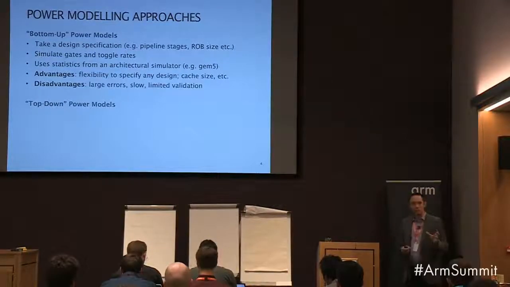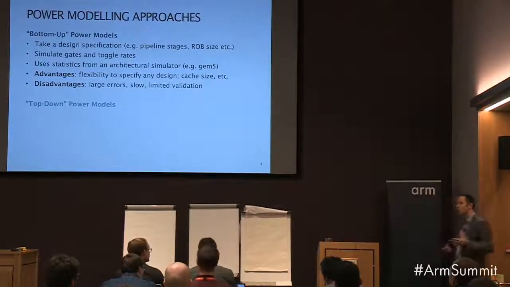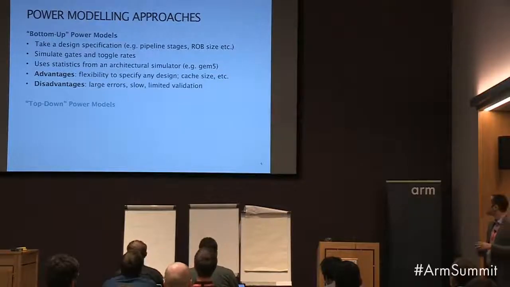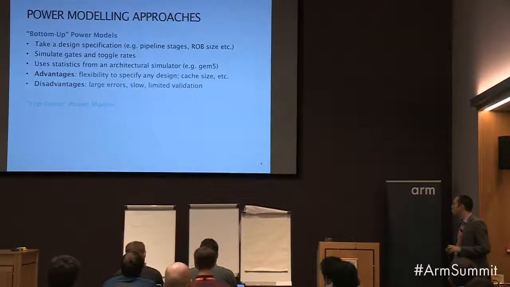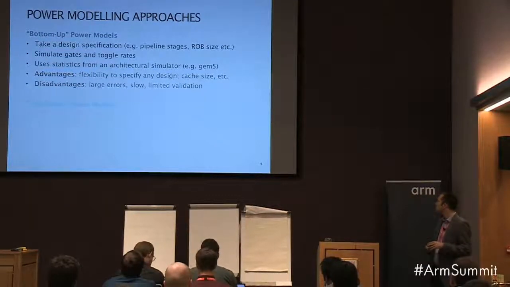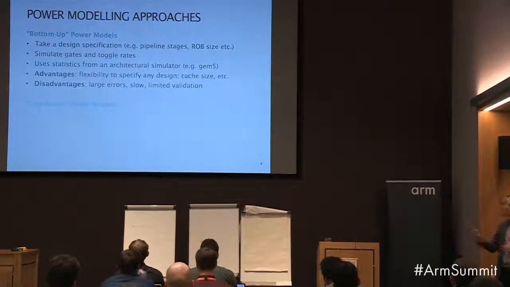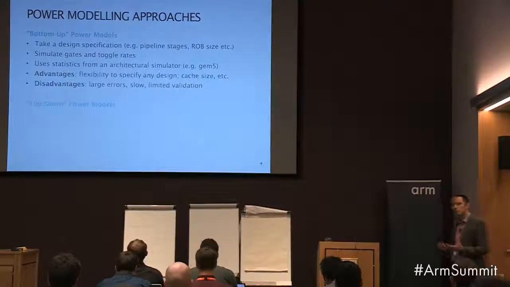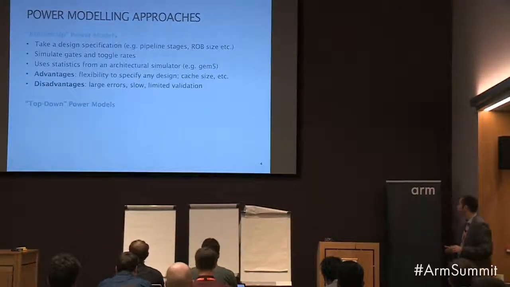And these have the advantages that because they're grounded in the specification of the architecture, you can then tweak that architecture and see what effect it has on the power consumption. So very good for the design space exploration process. The disadvantage is typically there are pretty reasonable errors that are associated between the model and what would be likely to be realized in practice. And they're also very slow, so that they can be suitable for the design time approaches, but trying to apply these to runtime management of systems is pretty impossible.